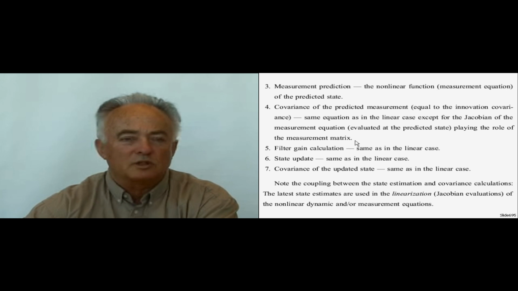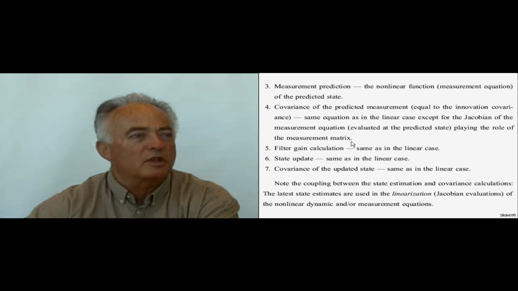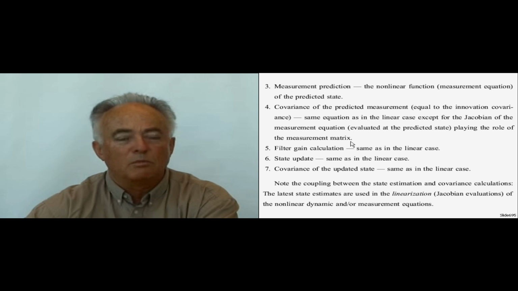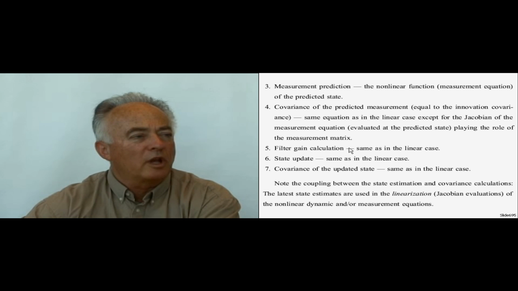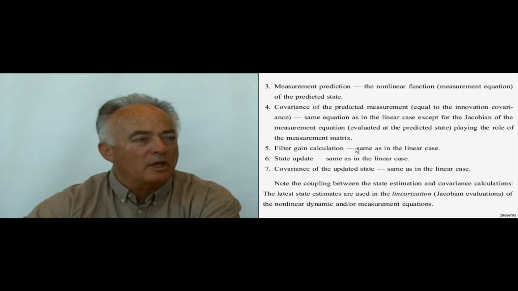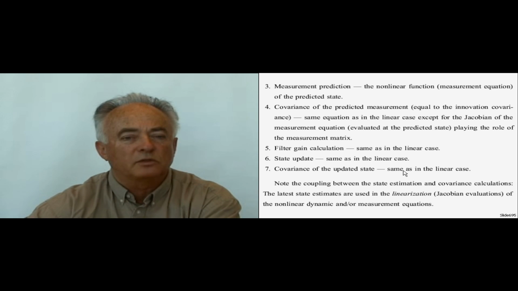So equations are the same, but we need Jacobians, and they have to be evaluated at some point, and we use the latest available information. The filter gain calculation, the state update and the covariance of the updated state are all identical to the linear case for the first order EKF.